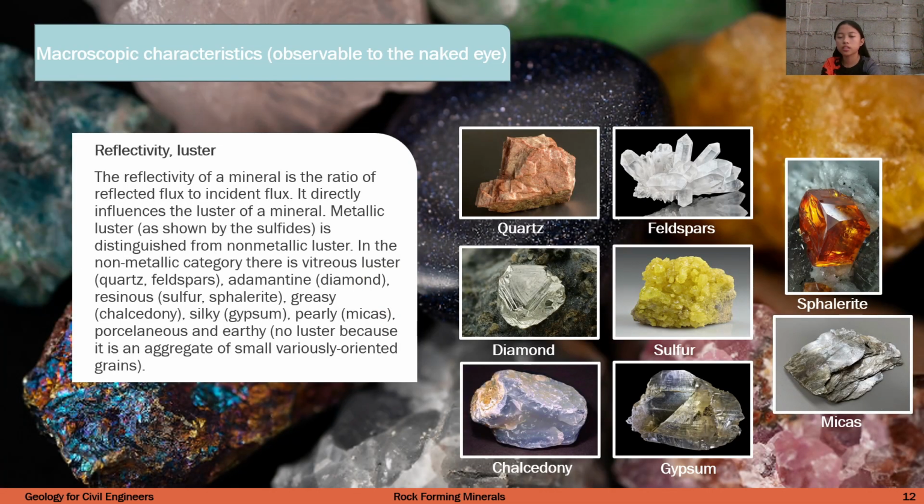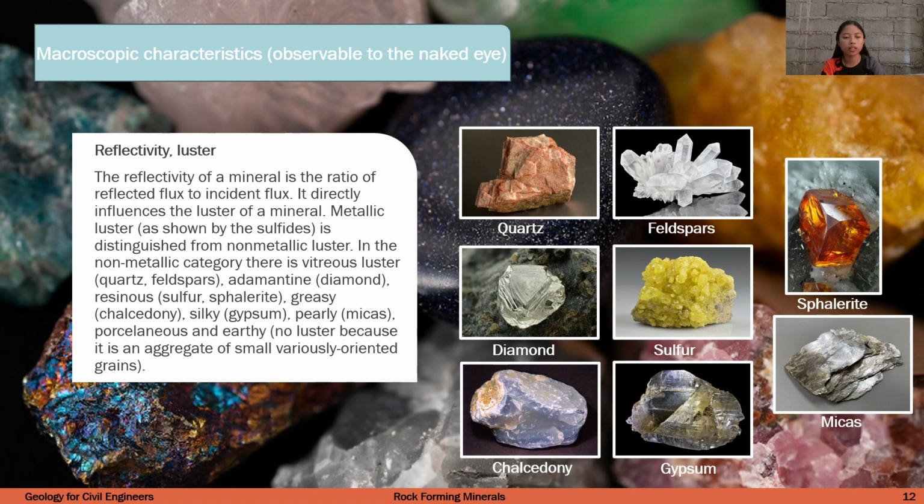Macroscopic characteristics observable to the naked eye. First is reflectivity, luster. The reflectivity of a mineral is the ratio of reflected flux to incident flux. It directly influences the luster of a mineral. Metallic luster, as shown by the sulfides, is distinguished from non-metallic luster.